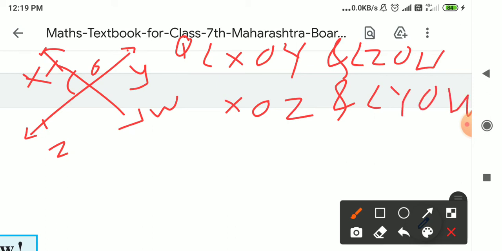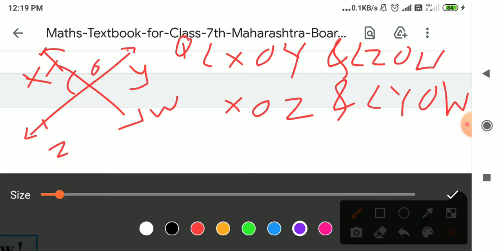These are vertically opposite angles, which I have shown with the violet color, and one more with the green color. So these two are also vertically opposite angles.